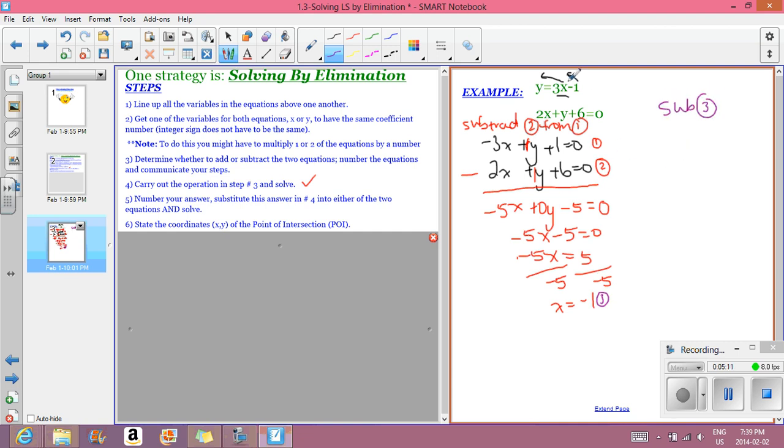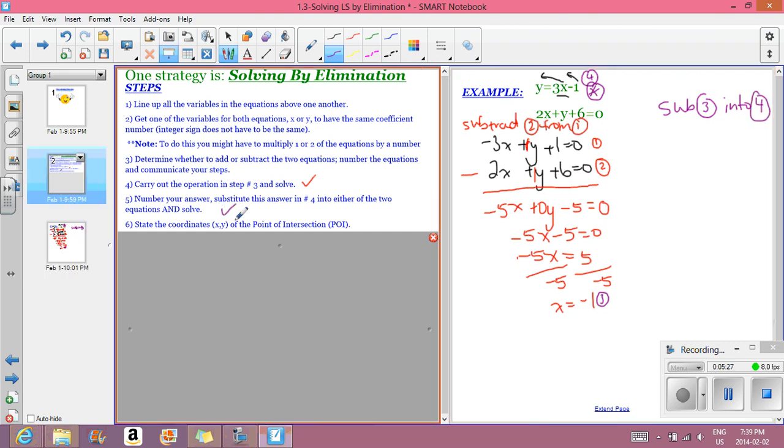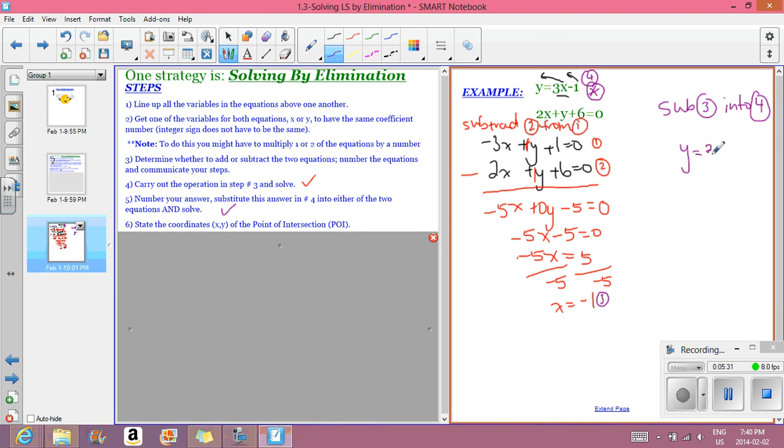And again, we can pick any of the equations. I'm going to go back to the original one because I know I haven't made a mistake there. I know that that is exactly what was given. So I'm going to number that number 4. I'm going to sub 3 into 4. And over here, this is step number 5. So we are putting y = 3x - 1, and we're going to put in what we know x is, which is -1.